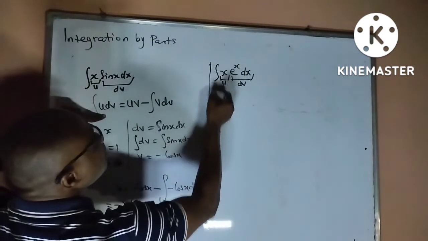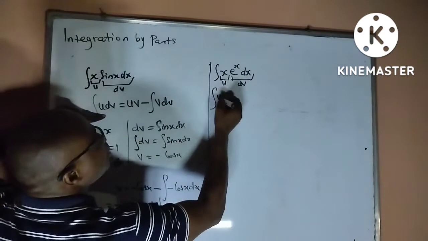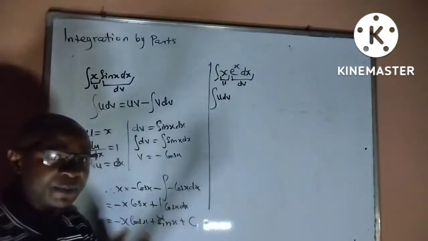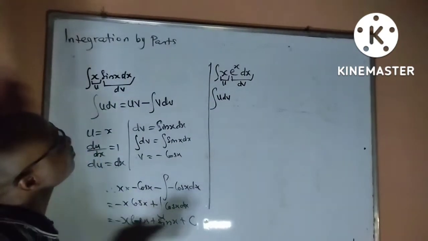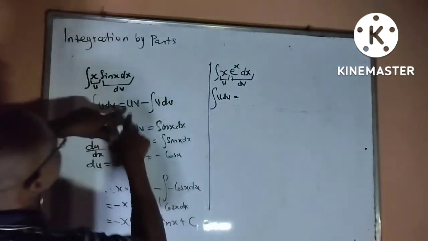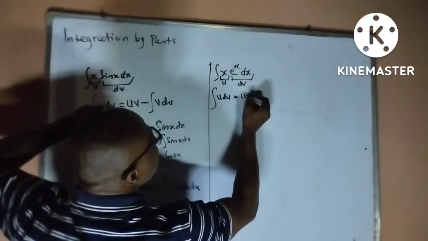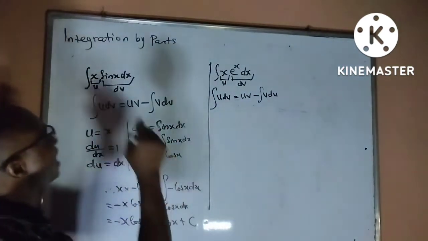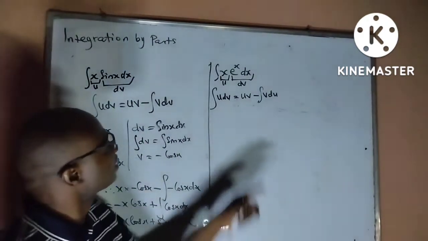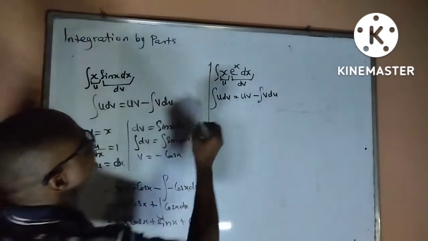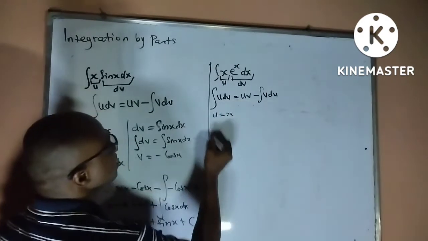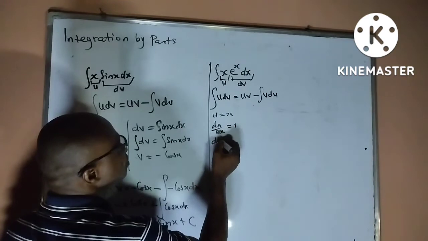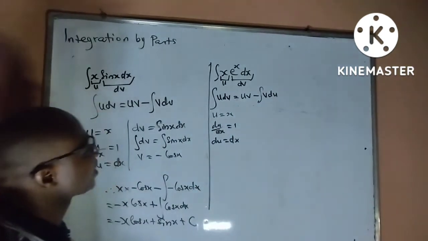From the formula of integration by parts, which says u dv, the function separated into two parts, is given by uv minus the integral of v du. So I will do exactly the same thing here. My u here is x, so u is equal to x, meaning that du dx is equal to 1 and du will be equal to dx.